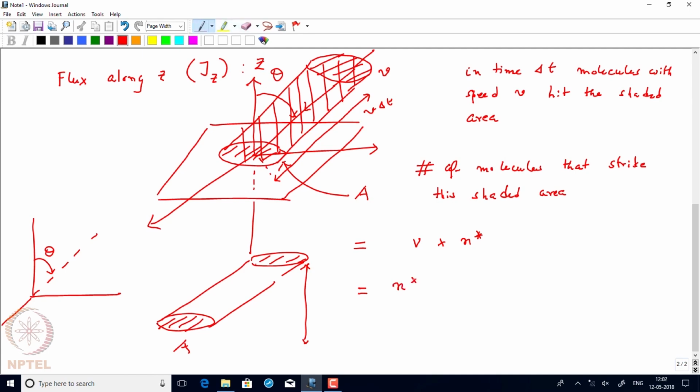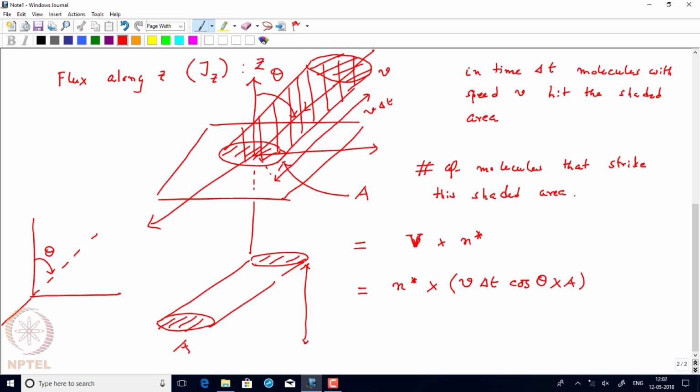So I will write n star times, instead of V I am writing small v, which is the velocity. This V is the volume, capital V, A v delta t into cos theta. Now this is basically the height times the base area, which will be the volume. So this quantity is the volume of the slant cylinder.